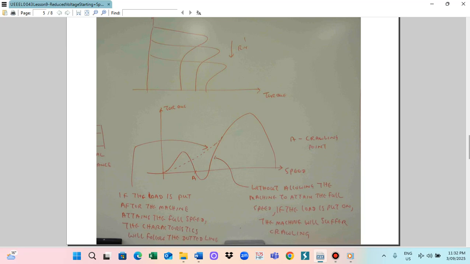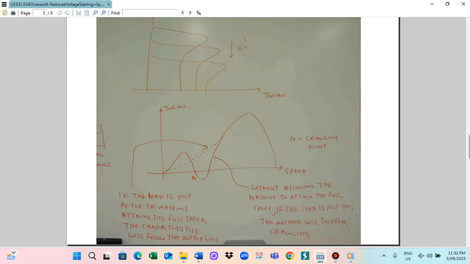Sometimes you put the load without allowing the motor to attain full speed, so the load is heavy and the speed drops, and it flows like this. This is what we call crawling. Crawling can happen in a cage motor with heavy load starting, and the motor will vibrate.